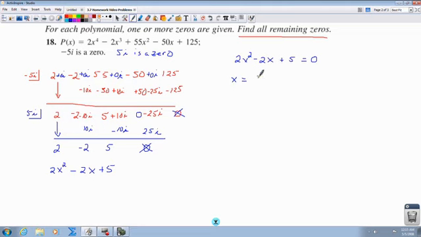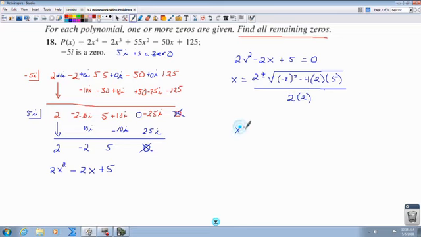So we have negative b, so that would be positive 2, plus or minus the square root of b squared, which would be negative 2 squared, minus 4 times a times c. I'll make sure my square root's all the way across here, all over 2a, which is 2 times 2.